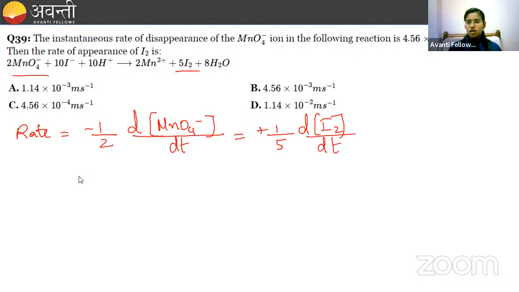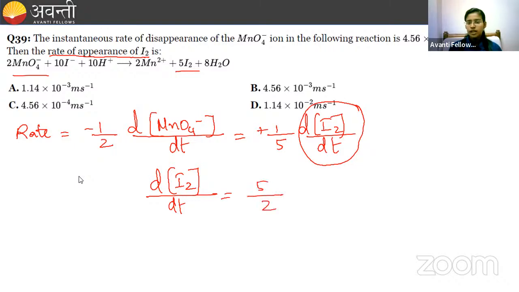Okay. So now we are asked to find out the rate of appearance of I2. Means this term we have to find out. So what is this? d of I2 divided by dt is equal to 5 by 2 into minus d of MnO4 minus divided by dt.